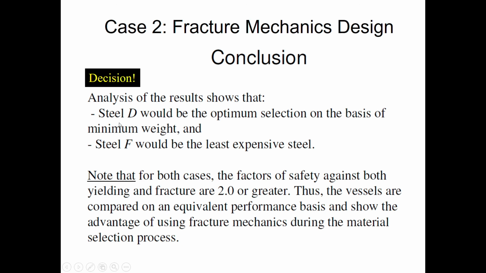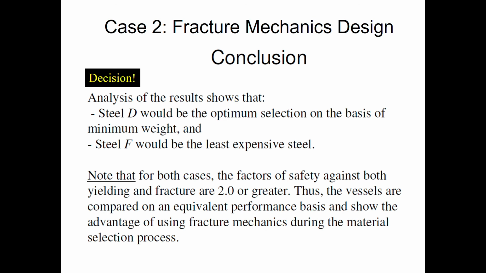From here, steel D would be the optimum selection on the basis of minimum weight, and steel F would be the less expensive steel. So as an engineer, you need to select based on the user's requirement.